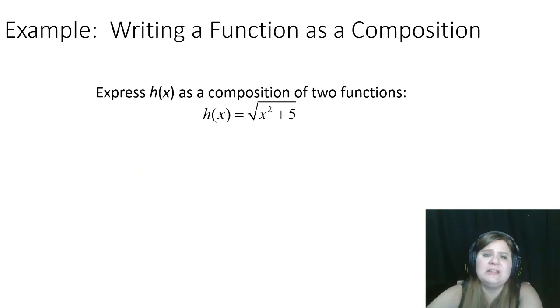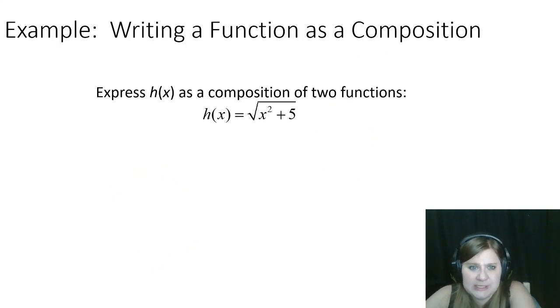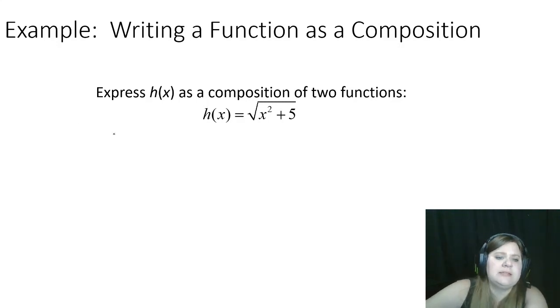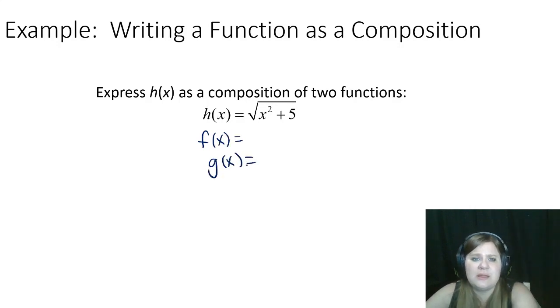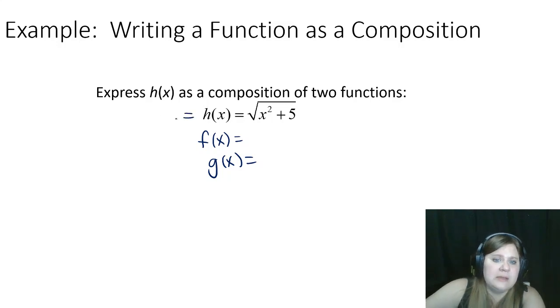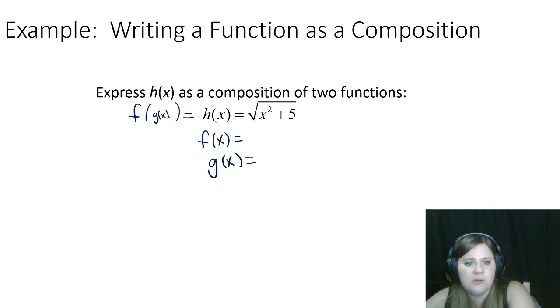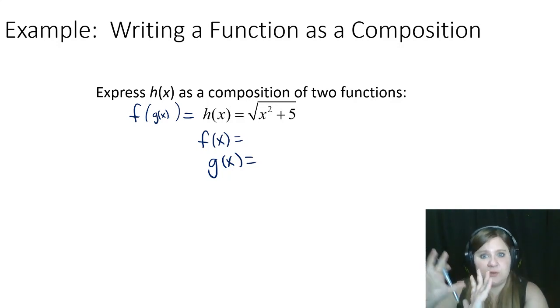So let's see if we can write a function as a composition. I want you to look at this and tell me what f of x could equal and what g of x could equal, so that if h of x was f of g of x, then f of x and g of x would create that.